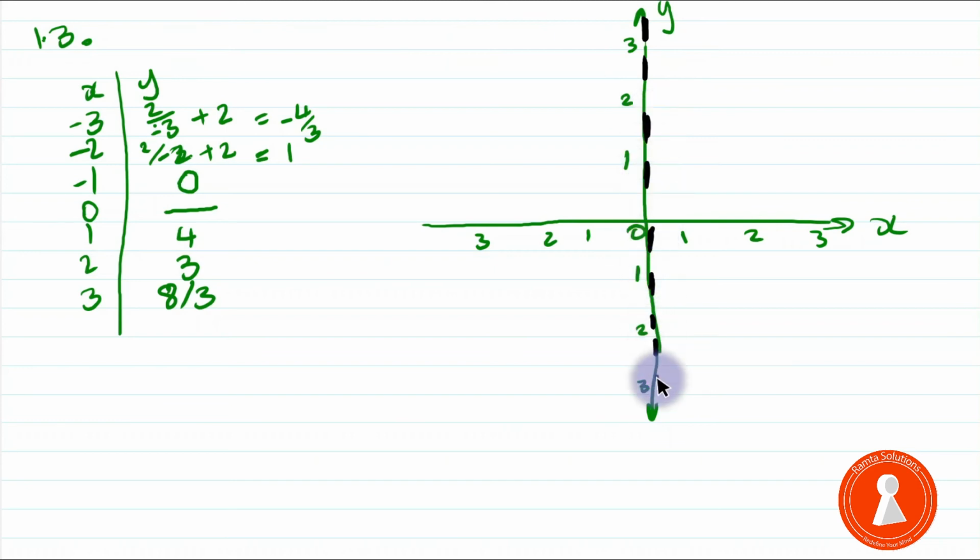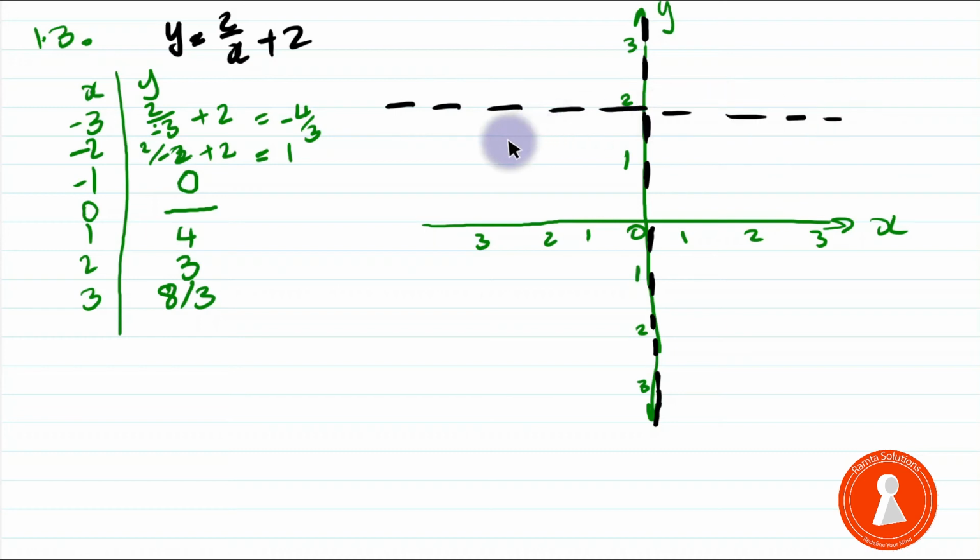The graph does not exist here, and it also doesn't exist at y, because we said y equals 2 over x plus 2. Our y-intercept was minus 1 and 0. So let me not try to be fancy, our graph looks something like this.